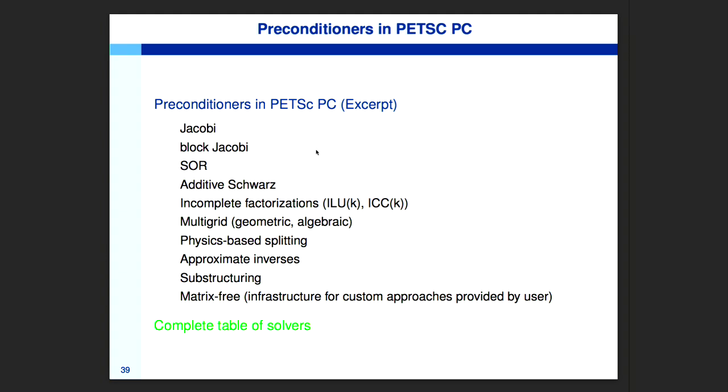I'd just like to emphasize that the so-called matrix-free approach here means that you as an application can provide preconditioner functionality that just adheres to our object interfaces, but is implemented in some specific way that exploits problem-specific information. And so you can then more easily provide what makes sense for your problem, but also have the flexibility to experiment with and compare with this range of other functionality that's in the library.